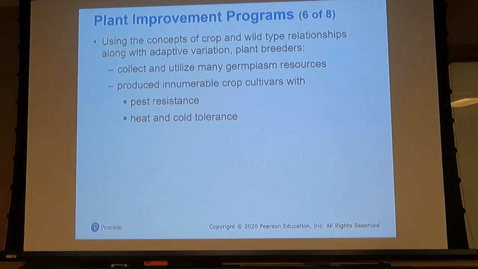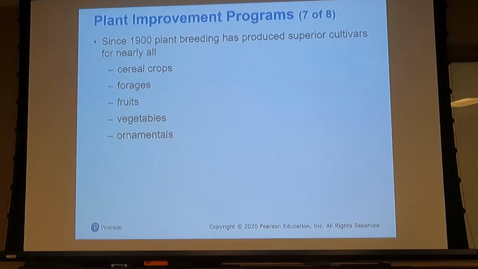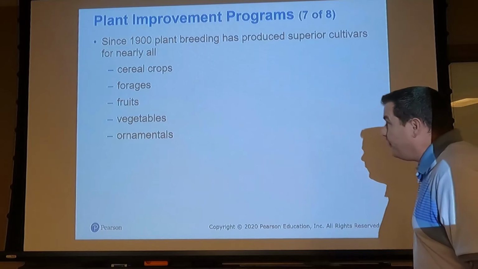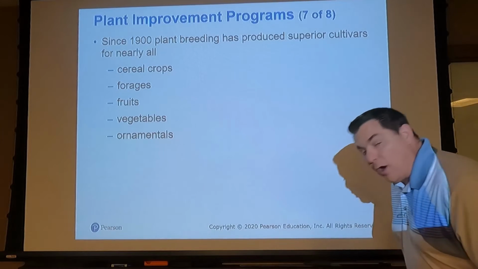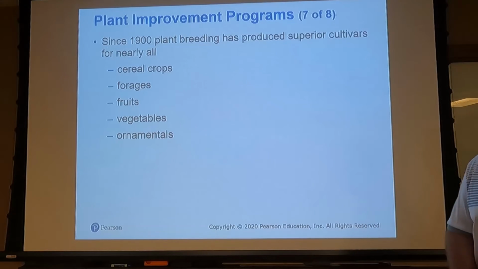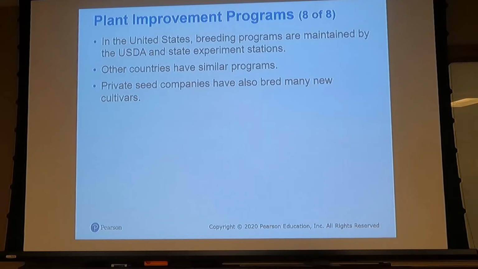We can impart pest resistance, cold tolerance, add flavor. We've been doing this in cereals and forages, fruits and vegetables, and ornamentals. We've been doing this for over 120 years, and we've gotten pretty good at it.